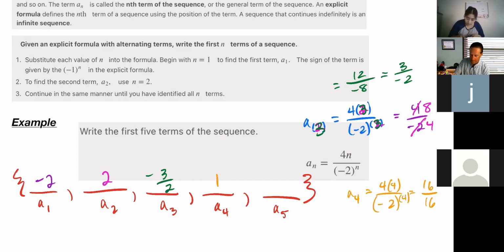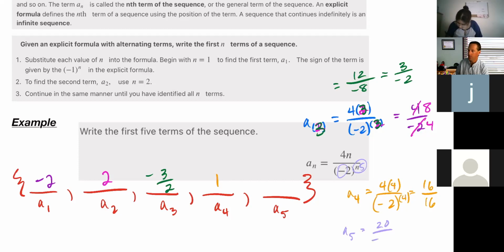And then my last step to getting this would be to plug in the 5. And that would give me an answer of what? 20 on top. Negative to an odd, which is 5 here, is going to stay negative.